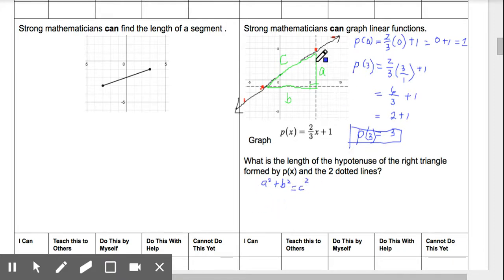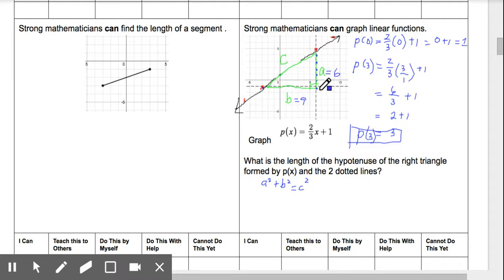Our A is, if it starts here, 1, 2, 3, 4, 5, 6. So A is 6. And B is 1, 2, 3, 4, 5, 6, 7, 8, 9. B is 9.